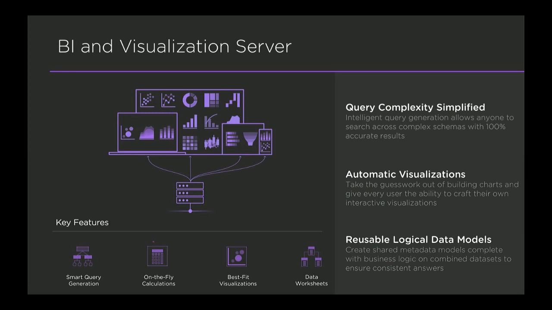So it understands what attributes the search needs to go across, what grouping needs to be performed, what join paths need to be applied in real time dynamically, and any additional calculations that need to be applied on the result set. All of these calculations are performed on the fly, and the answers are returned, as you saw in the demo, as best fit visualizations.